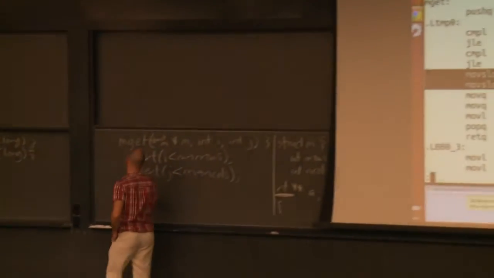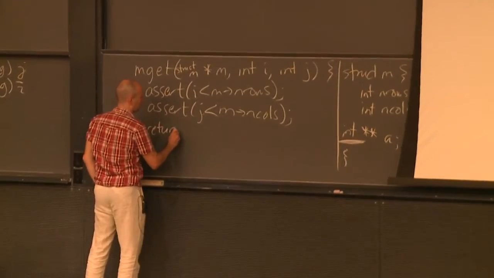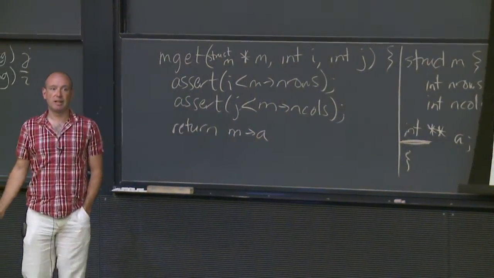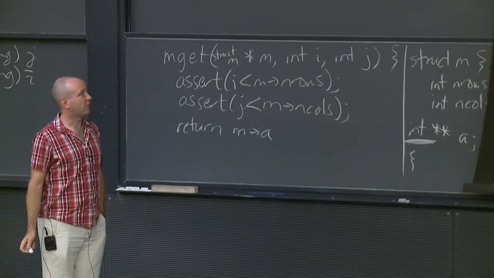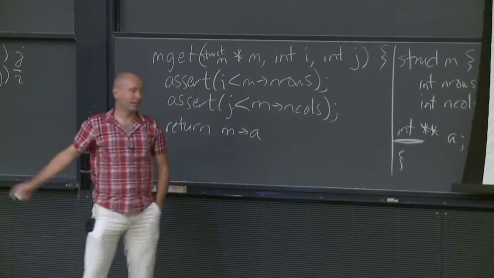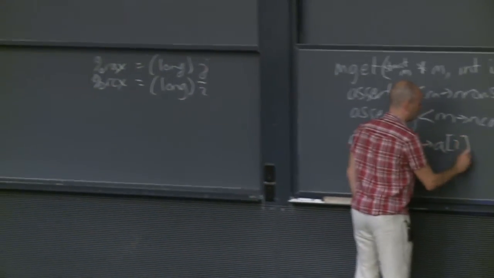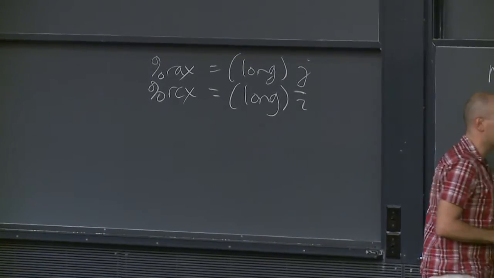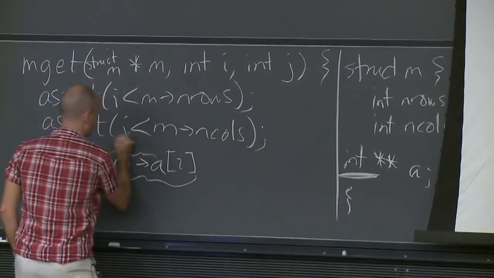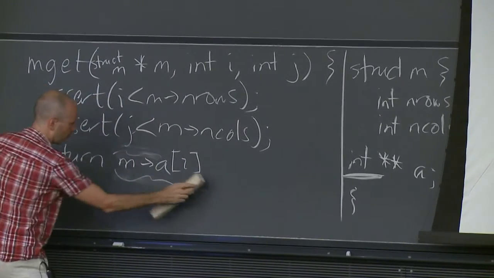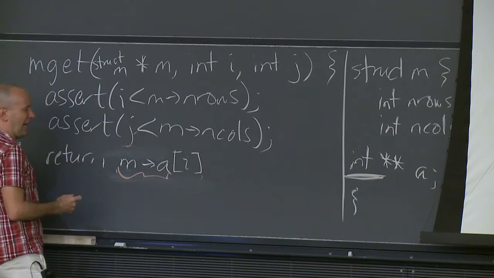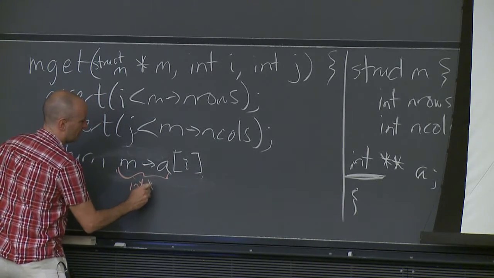So what is the return statement? Two layers of indexing. The first layer of indexing, we use RCX, which is I. So this value, m arrow a, has type int star star.